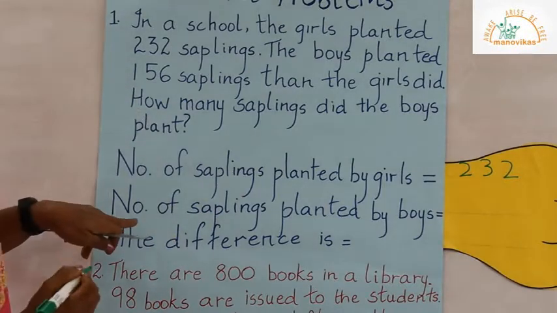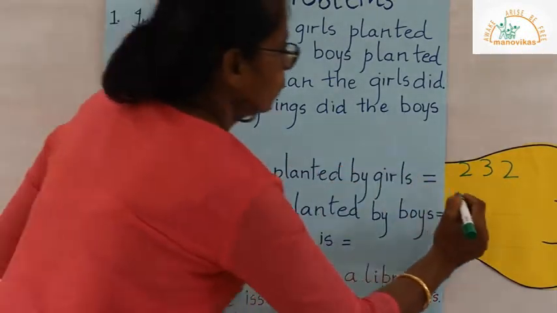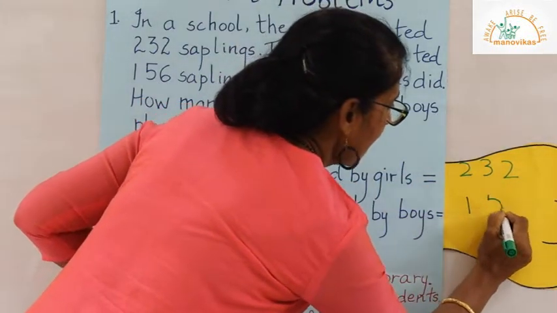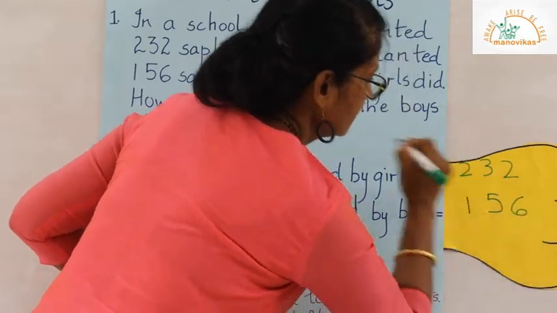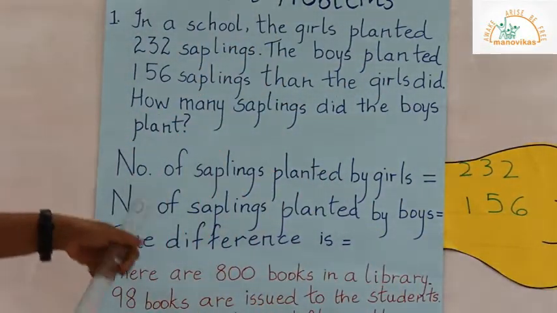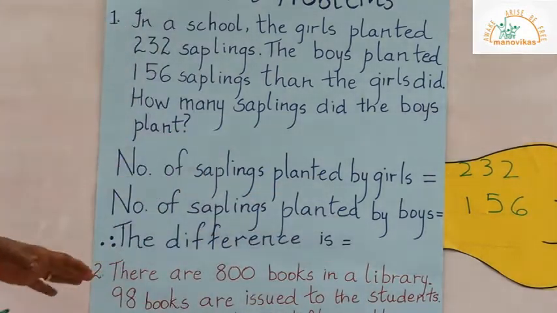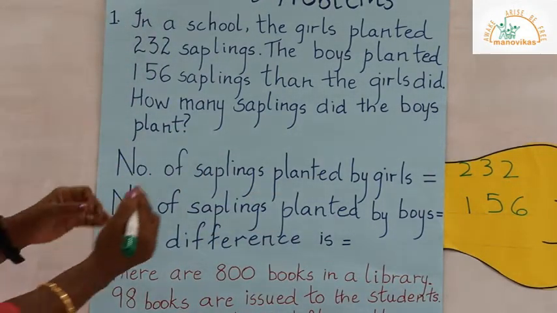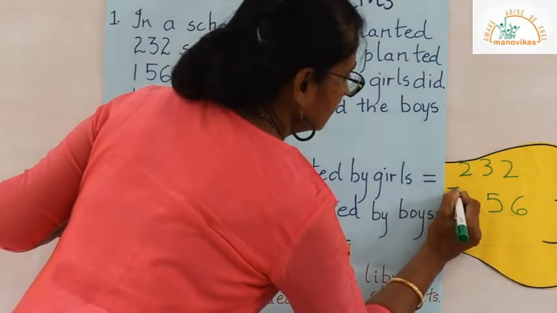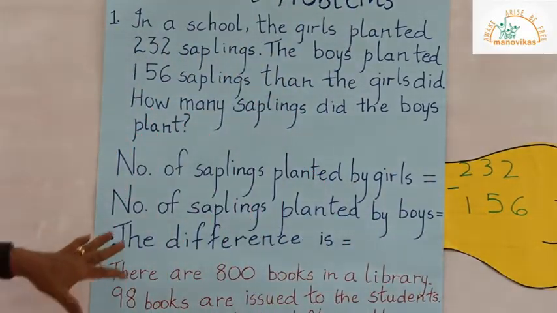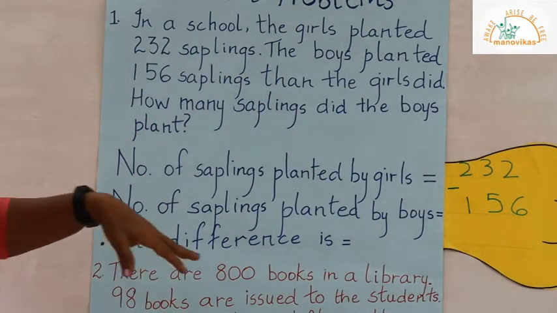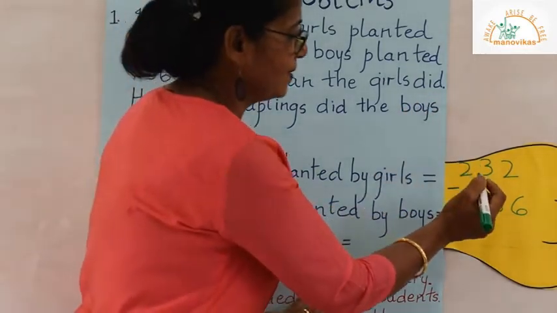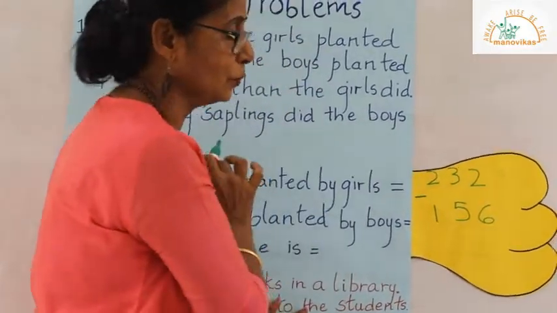The saplings planted by the boys is 156. We are supposed to subtract and find the difference. So we need to put the subtraction sign. Let's find out what is the difference. Can we subtract 6 from 2?